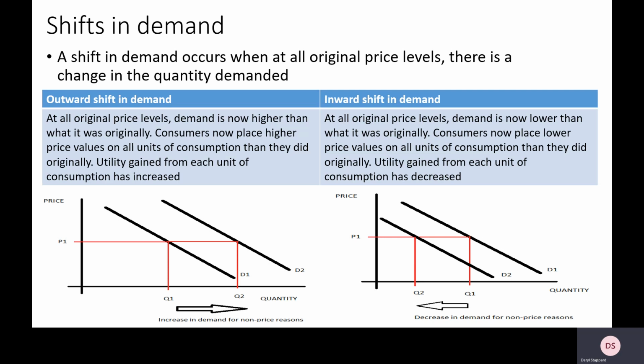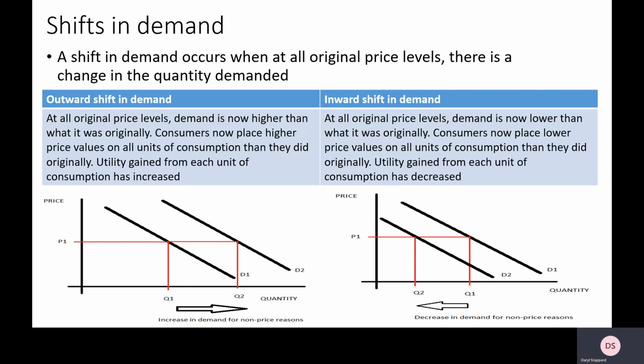When demand moves outwards, we can see that revenue will increase, and it will increase by the additional rectangle. So Q1 to Q2, up to demand 2, and then horizontally across to D1. So we've got an increase in total revenue driven by the outward shift in demand. So for non-price reasons, people become more willing and able to buy products.